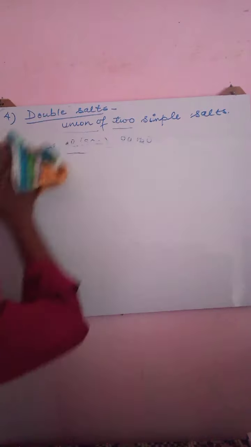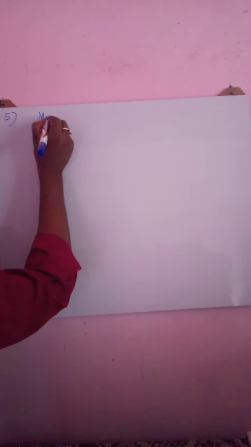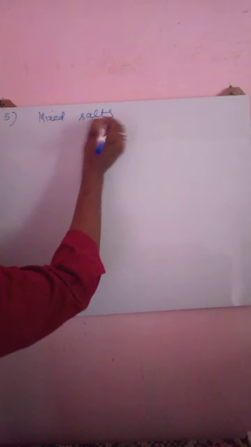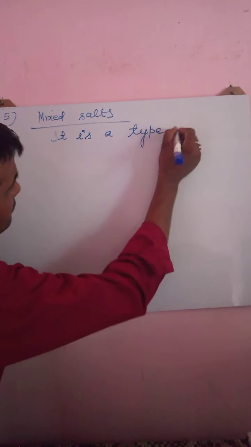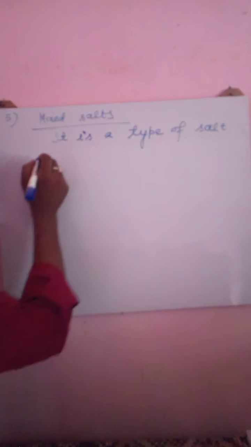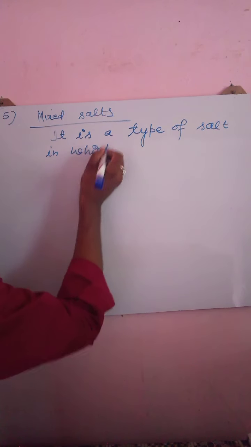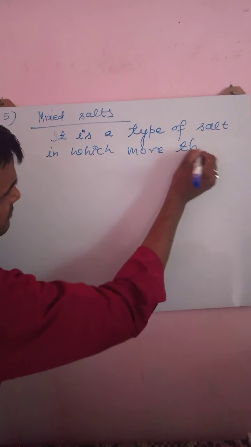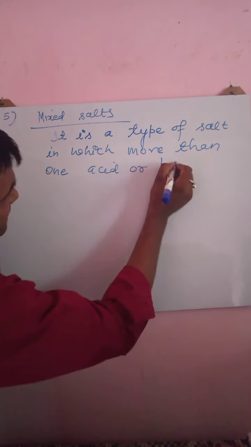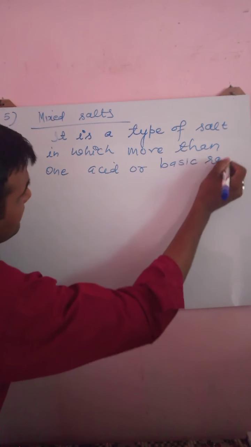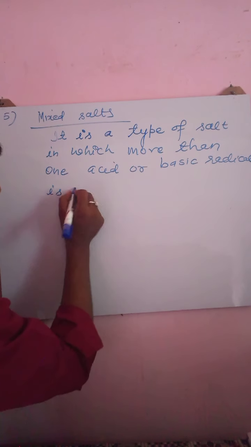Now come to mixed salt. The fifth type of salt is mixed salt. Let's see what a mixed salt is.